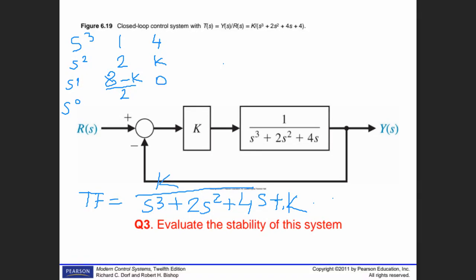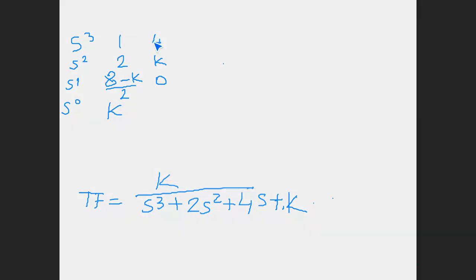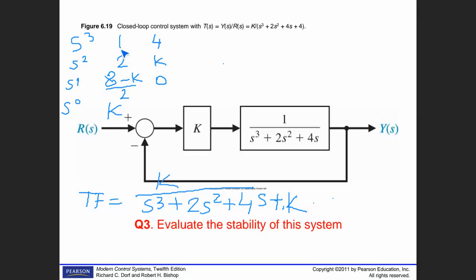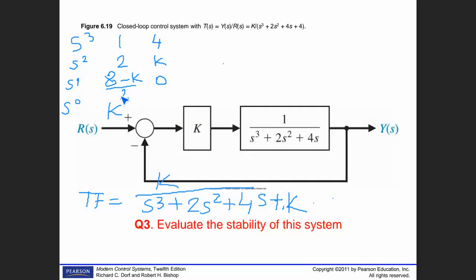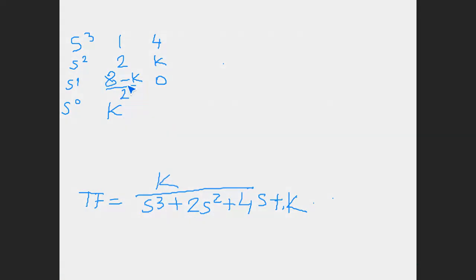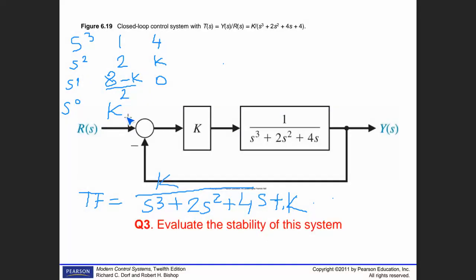For this one, 8 minus k over 2 times k over 8 minus k over 2. So that means this one is k. You are dividing this one. I repeat. 2 times 4 is 8 minus k divided by itself 2. However, for this one, there is no such thing here, it is 0. For this one multiply k divided by this one. Therefore, this cancels each other, only k remains.